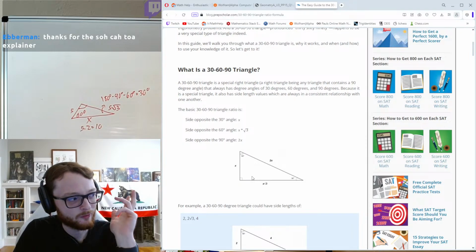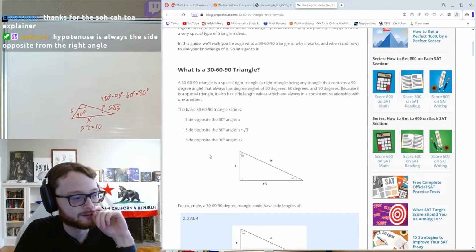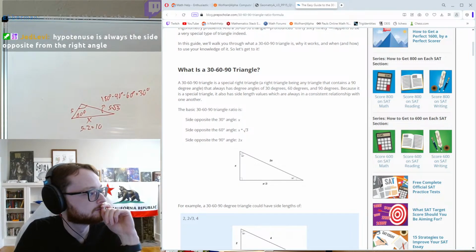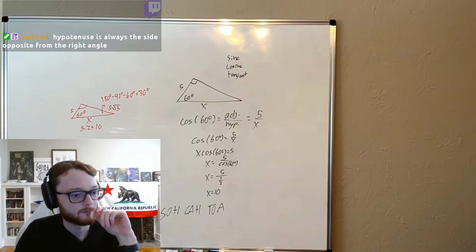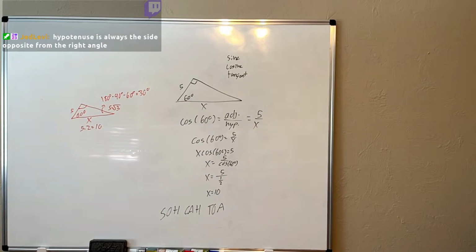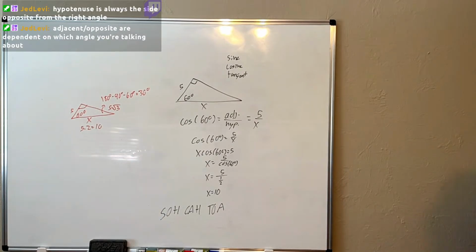Rather than short and long side, I think across from 60 degrees and across from 30 degrees is a better way to explain it. So you might be given a different side and have to do the formula slightly differently.